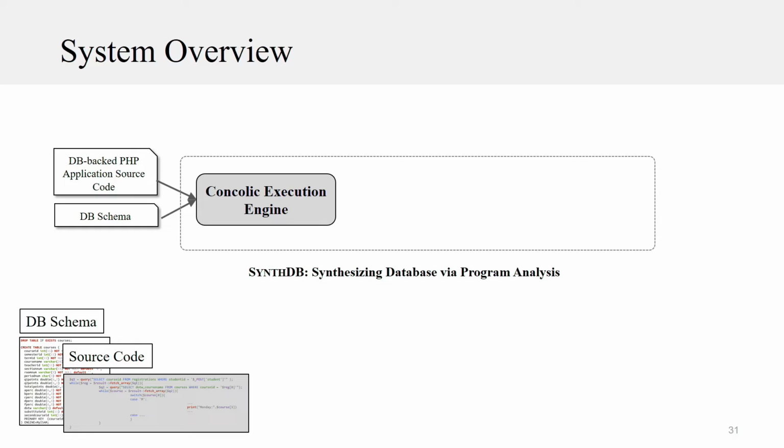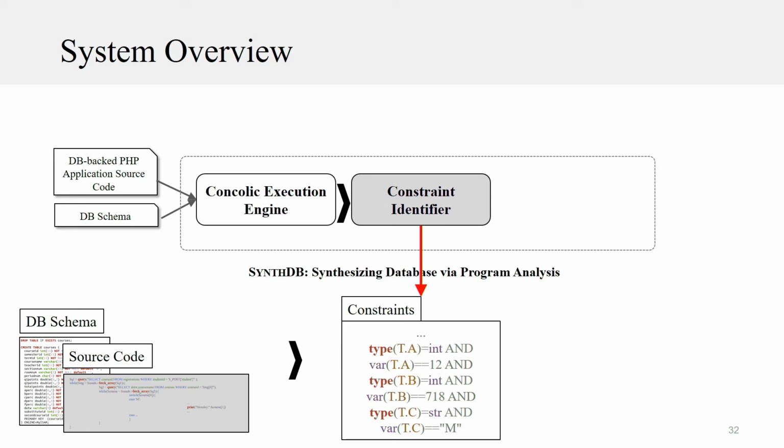First, the concolic execution engine will take the application source code and the database schema files as input, then explore diverse program paths repeatedly. Next, the execution trace of the concolic execution will be used by the constraint identifier to extract database constraints from the interactions between the PHP code, the query, and the schema.